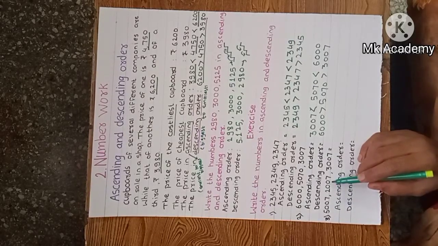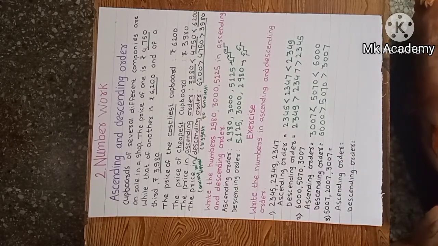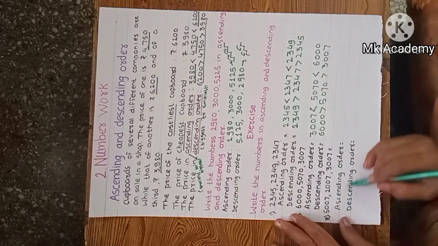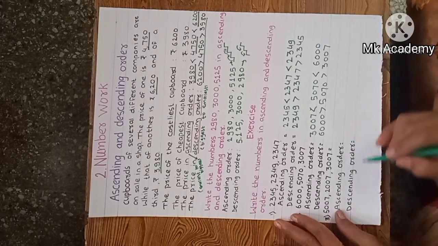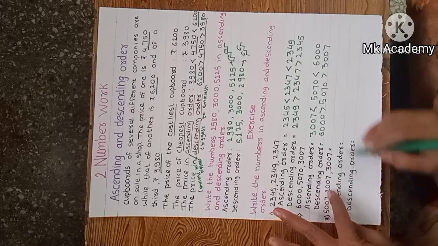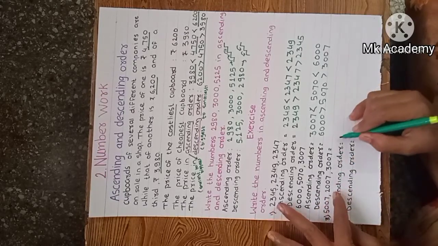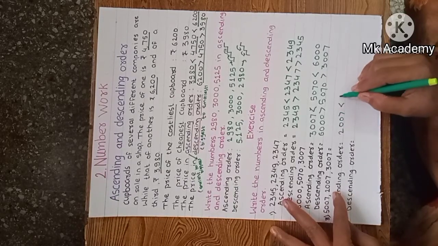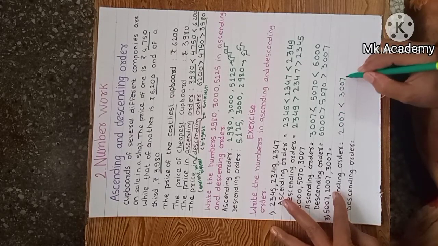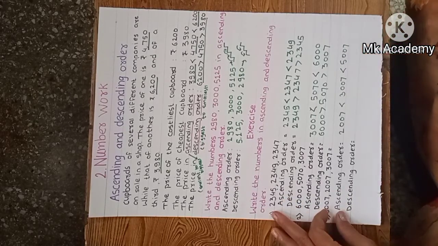Third example, 5007, 2007, 3007. In these numbers, ascending order, descending order. In ascending order, we have to write down the smallest number first. This is smallest, 2007, then 3007, then 5007.